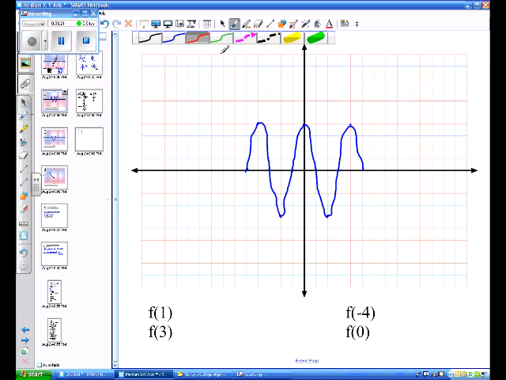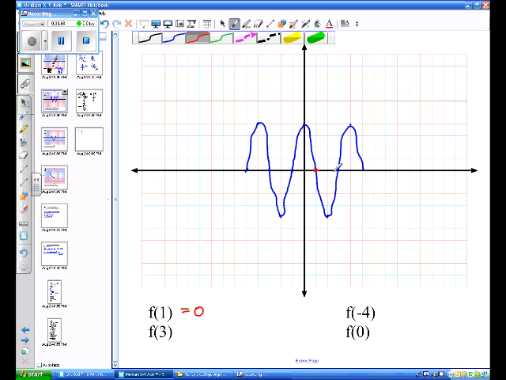What that means is when x is 1, we want to know what our y value is. So we go to where x is 1, and we look at our y value, and we see that we're at 0. So our f of 1 value would be 0.